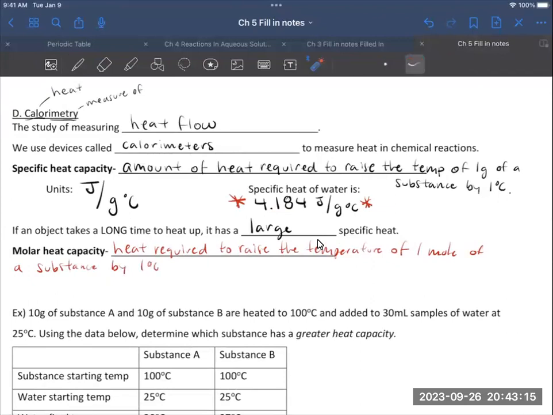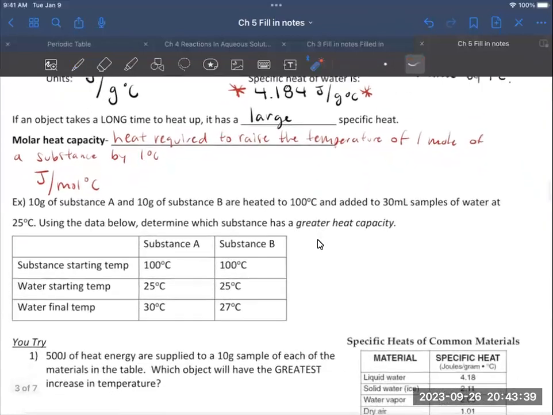So no longer are we talking about 1 gram, we're talking about 1 mole. So its units would be joules per mole degree Celsius. That's the only difference between the two. Specific heat capacity is the energy required per gram, and molar heat capacity is the energy required per mole.